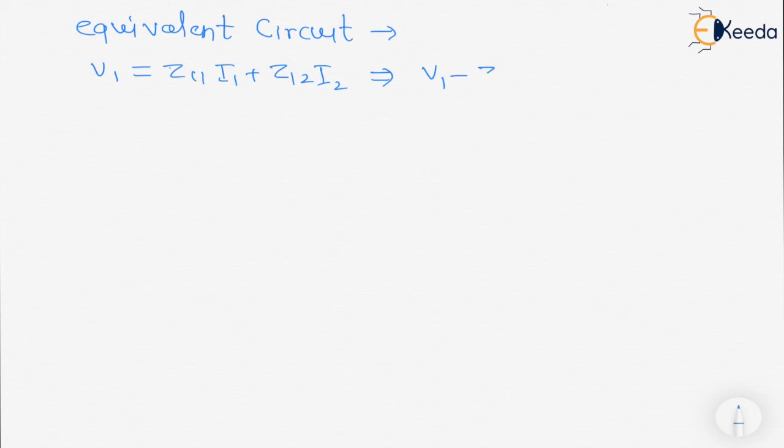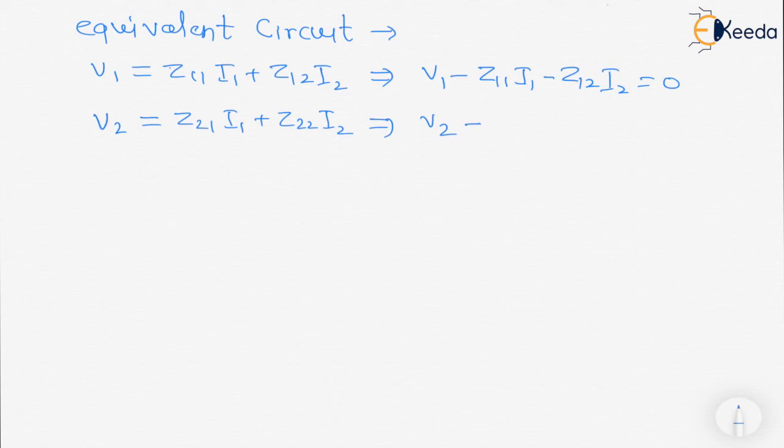So from here we can write that V1 minus Z11 I1 minus Z12 I2 is equal to 0. And the second equation is V2 is equal to Z21 I1 plus Z22 I2. So from here we can write that V2 minus Z21 I1 minus Z22 I2 is equal to 0.